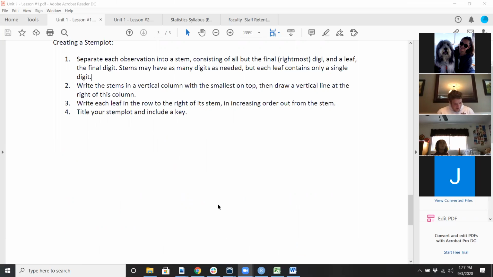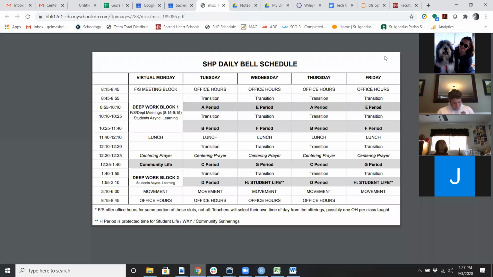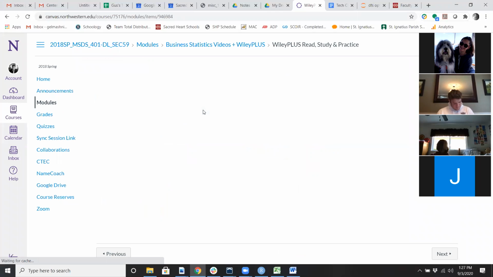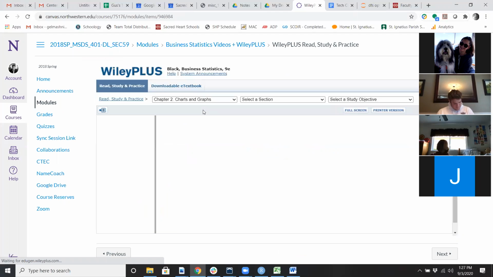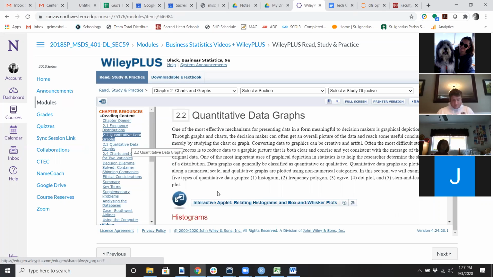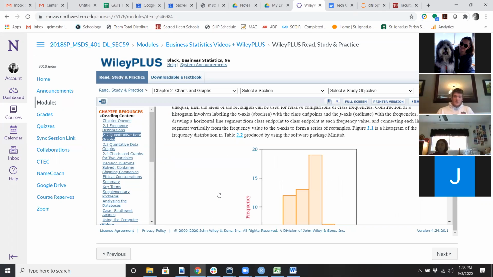And if we go to the online textbook, charts and graphs, and talk about quantitative data graphs, so histograms are mentioned right here.